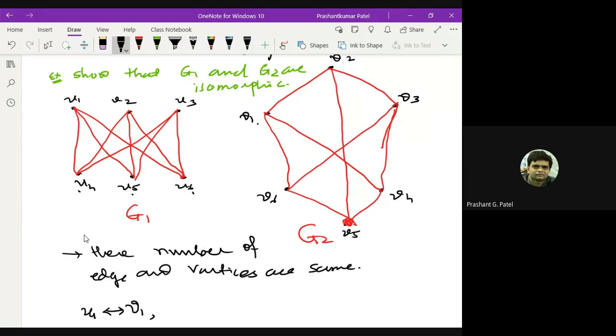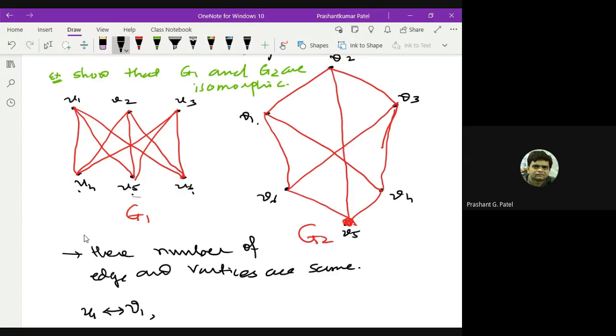Okay. So out of this V4, V5, V6, any one of them, either V2, V4, V6, will be the correspondence for U4, V5, V6. So now what is left? Two things are left: V3 and V5.